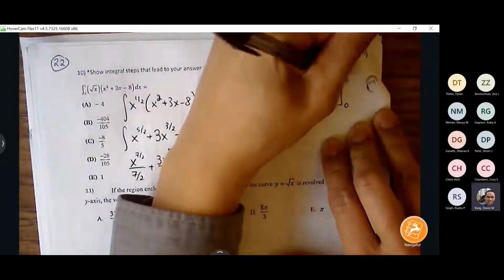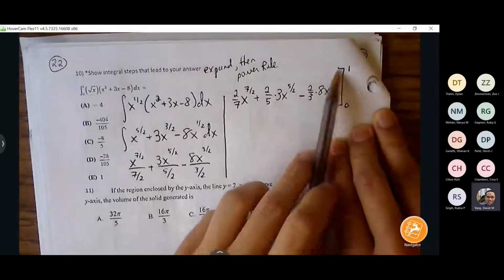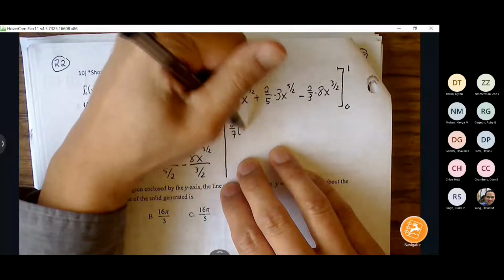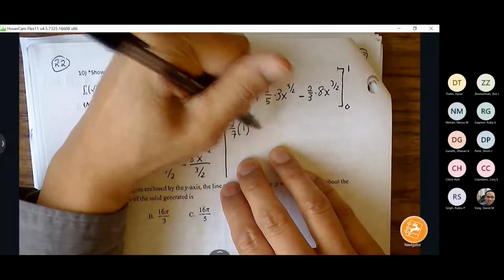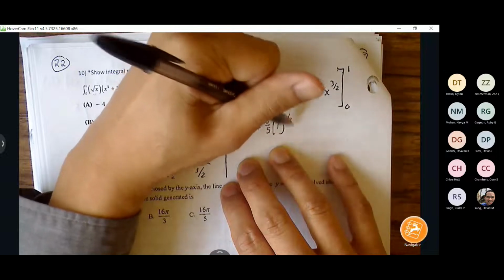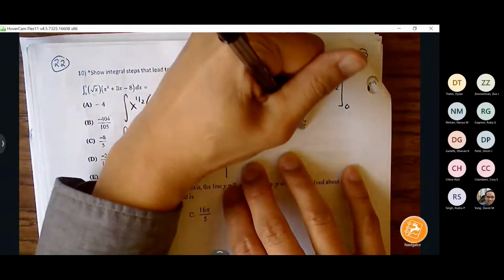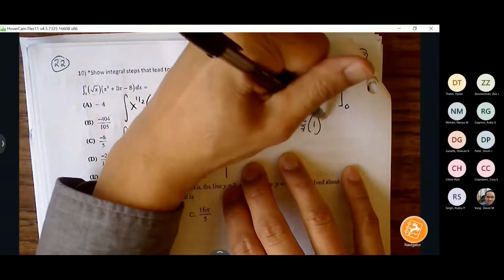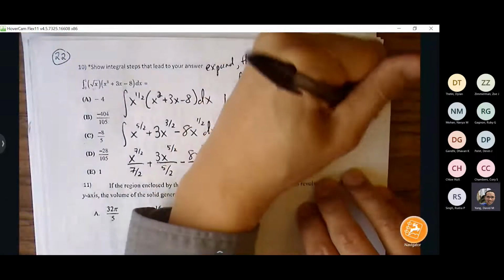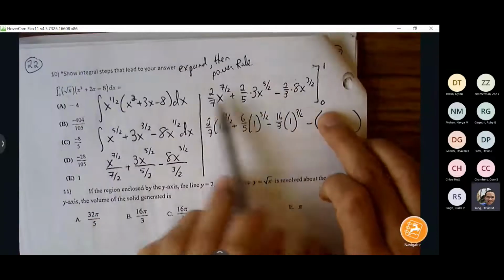Okay, go from 0 to 1. Upper bound first. Okay, took care of my upper bound, minus big parentheses, lower bound. Okay, so 0 for the x's.